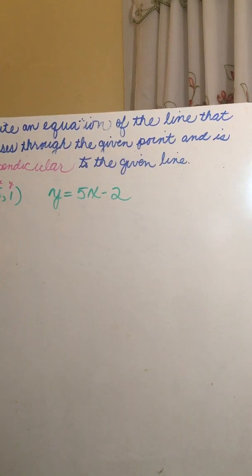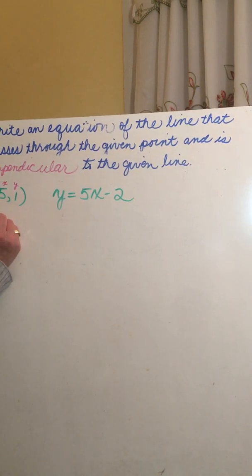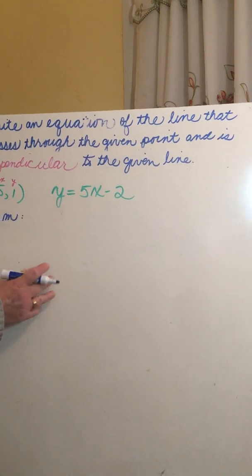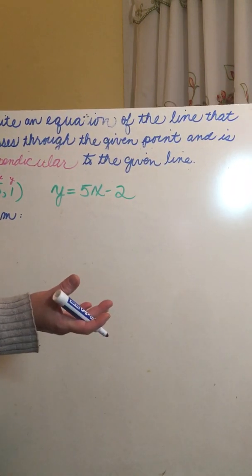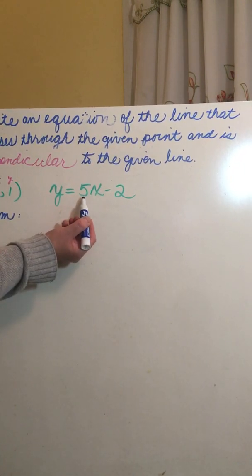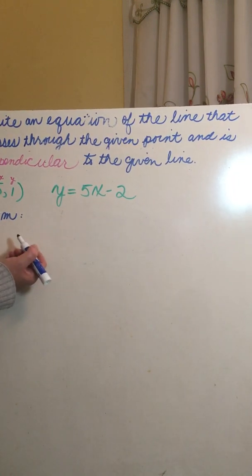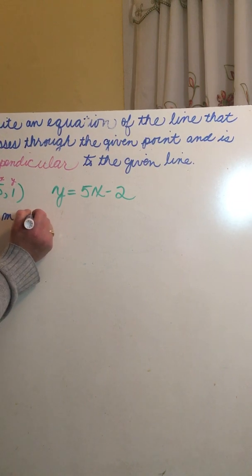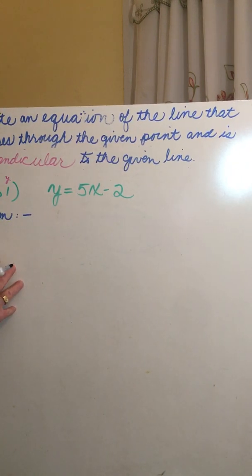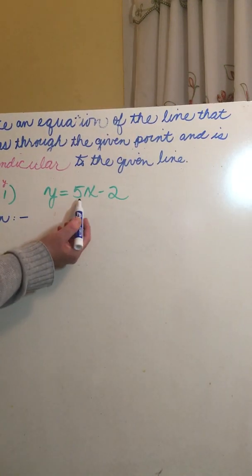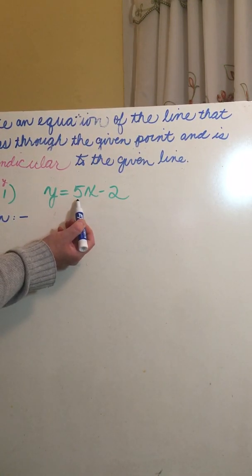So the thing to remember with a perpendicular slope is that it changes in two ways. First, since we have a positive 5 here, our slope is positive, so our perpendicular slope is going to be a negative number. The next change is that we are going to take our slope and write its reciprocal.